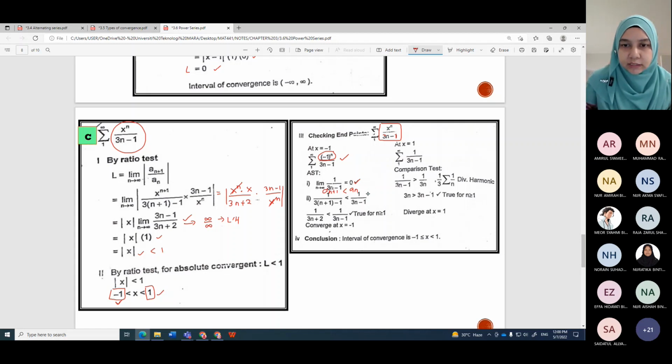So, akan dapat kat sini an 1 over 5, an plus 1 dapat 1 over 2. So, an is greater than an plus 1. It is true. So, it is converge based on AST test. By using AST.